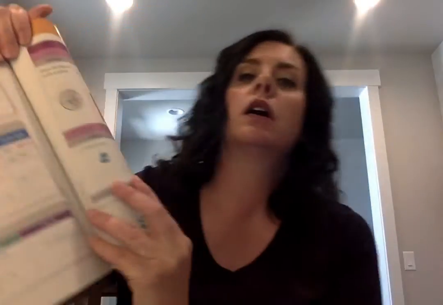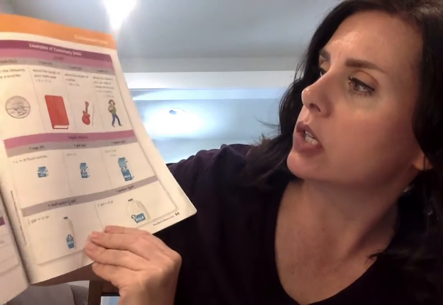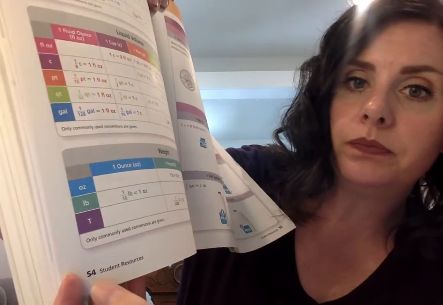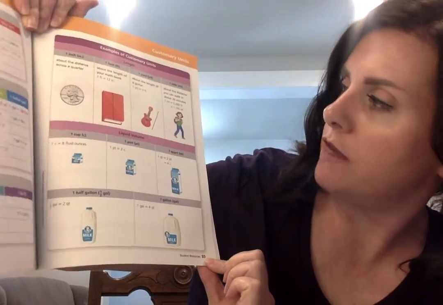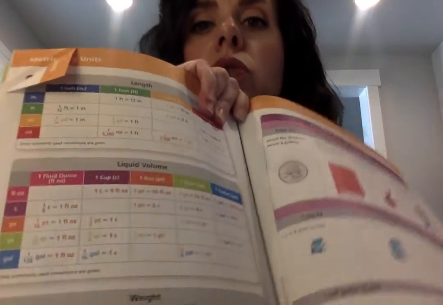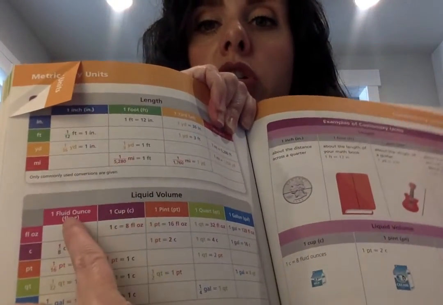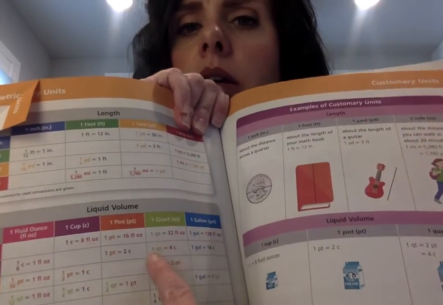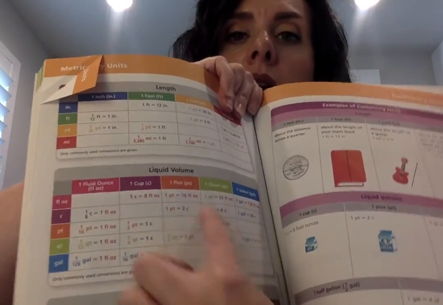If you go back to the orange part of your book in the back, some helpful pages are S4 and S5. Okay, so this one shows you liquid volume, and it shows you ounces, cups, pints, quarts, gallons. That's what we're kind of focusing on today. Gives you some helpful information in a table right there.